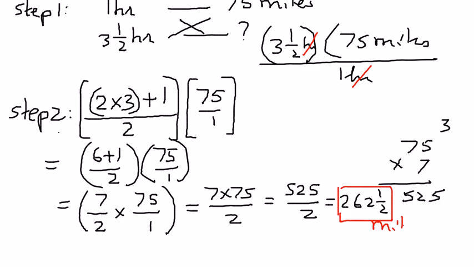This is the number of miles we traveled, or we can say we traveled 262.5 miles. So these are practical problems, and these types of things happen to us on a regular basis, and therefore this is a practical application of multiplication of fractions. In my next presentation, we shall see how to perform division of fractions.